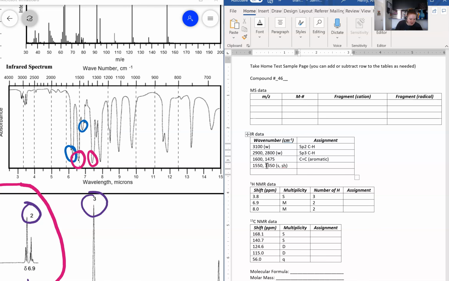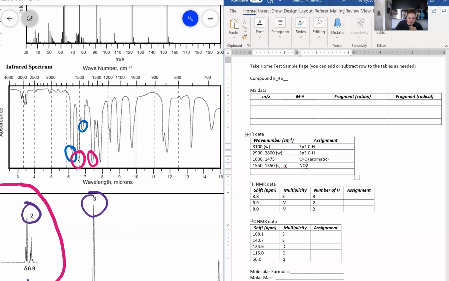And if I look on my table for my IR, this tells me that it belongs to a nitro group or an NO2 group. So this helps also explain where the nitrogen and two of those oxygens are coming from.